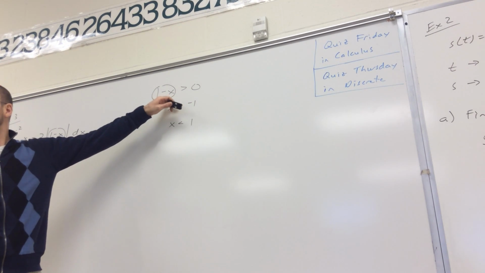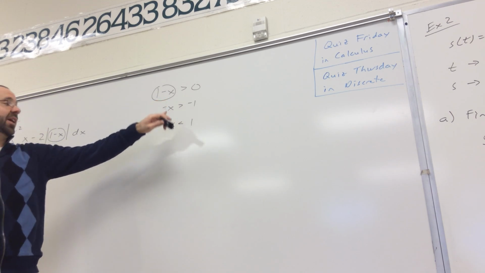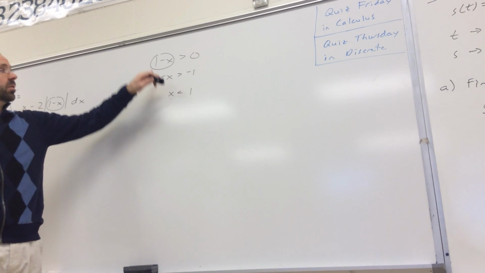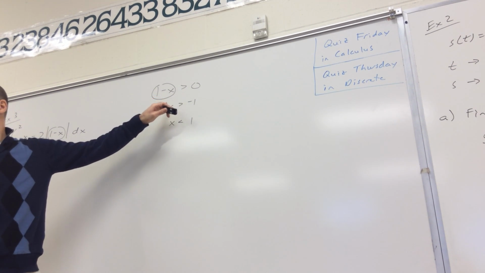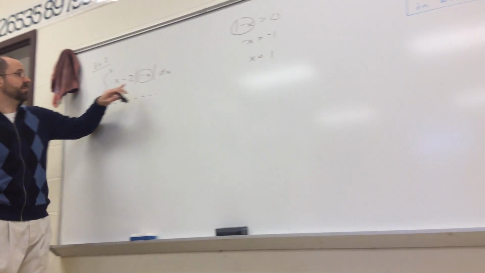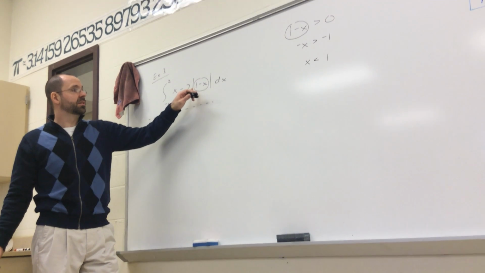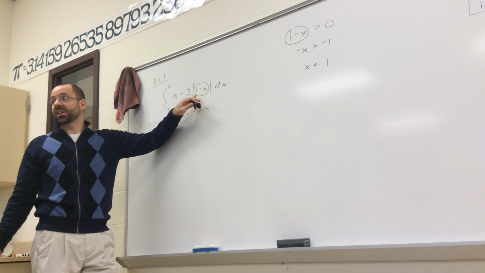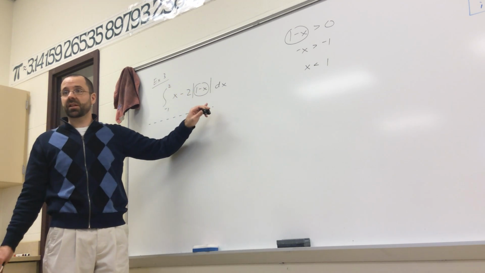Because when x is a half, 1 minus a half is going to be a positive number. Or when x is -3, 1 minus -3 ends up being 4, positive number. So when x is less than 1, that's positive. Okay, so that means that when you plug in an x that's less than 1, that mess is going to go positive, and thus we're not going to need the absolute value signs.